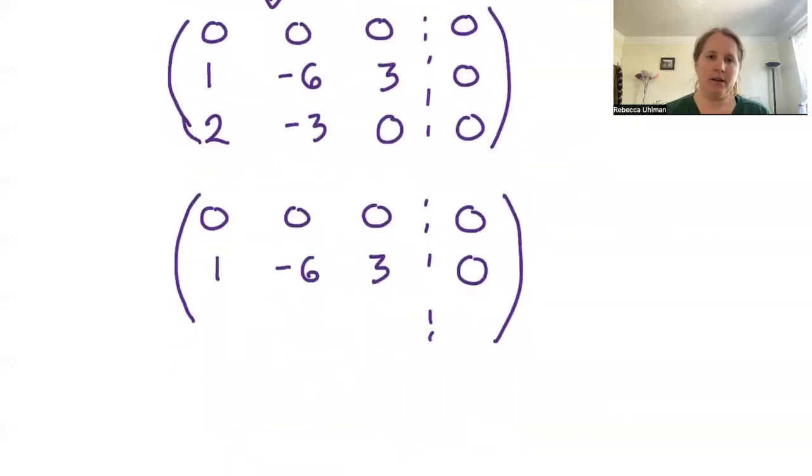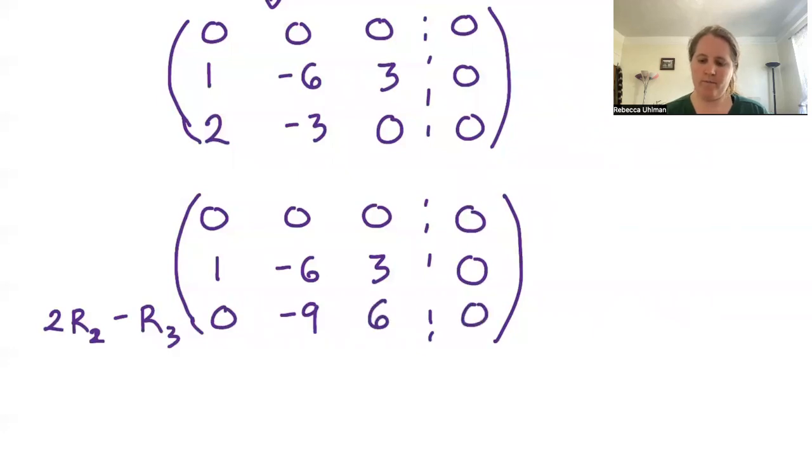And then in row 3, if we do 2 times row 2 minus row 3, then we would have 2 minus 2 is 0, negative 6, negative 12 plus 3 is negative 9, and then 6 minus 0 is 6, and 0.